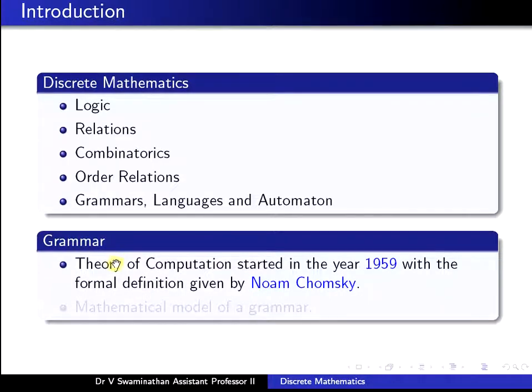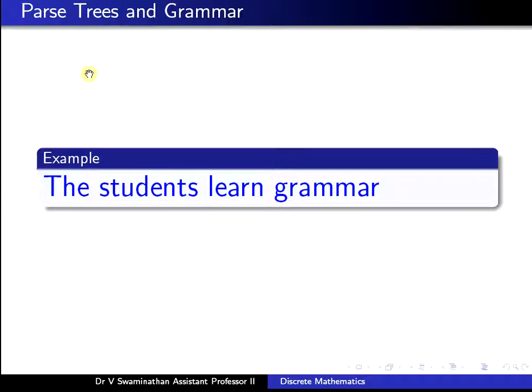This theory of computation started in the year 1959 with the formal definition, that is, a mathematical model of a grammar given by Noam Chomsky. Now, let us use a parse tree of the natural language structure to define what a grammar is.